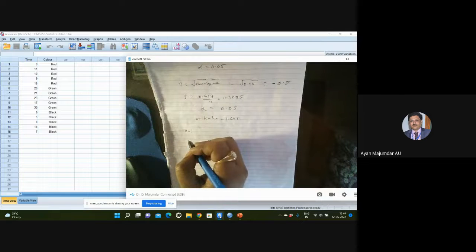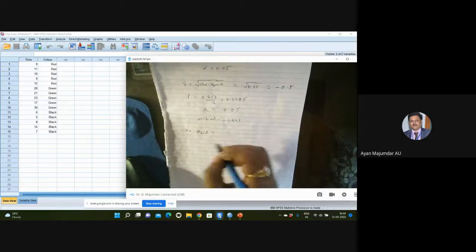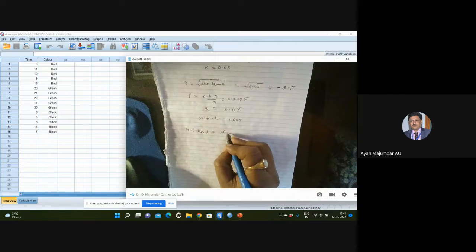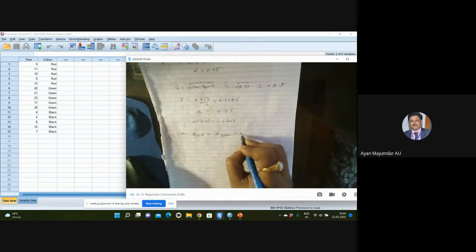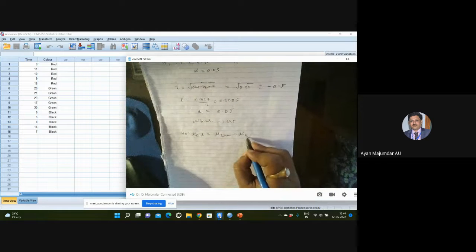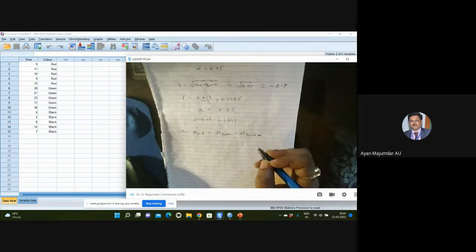So the average runtime of the red door, the average runtime of the green door, and the average runtime of the black door: there is no significant difference.